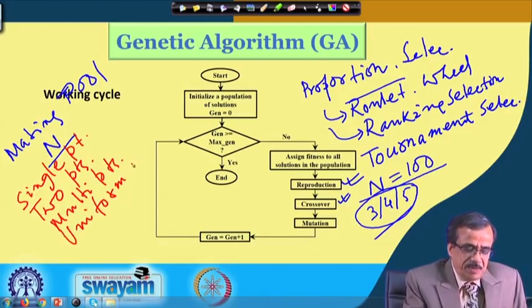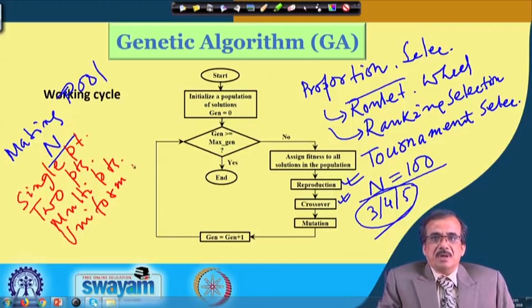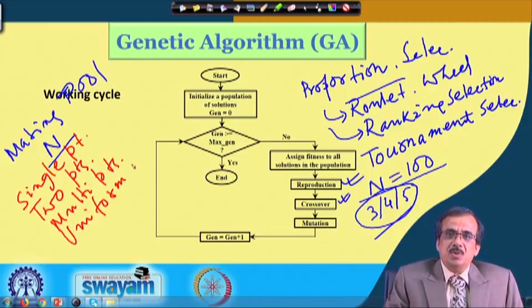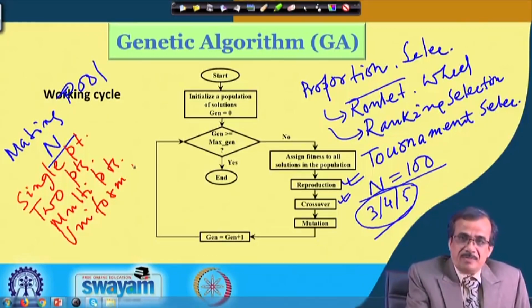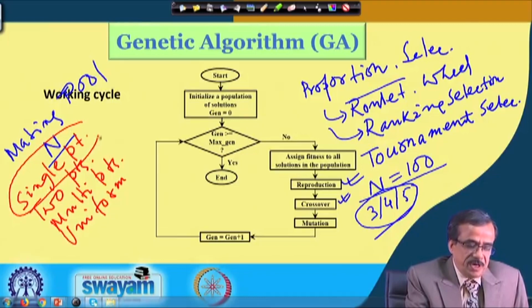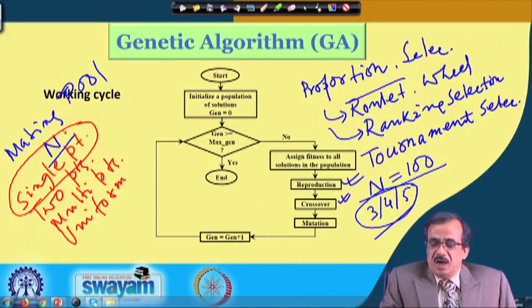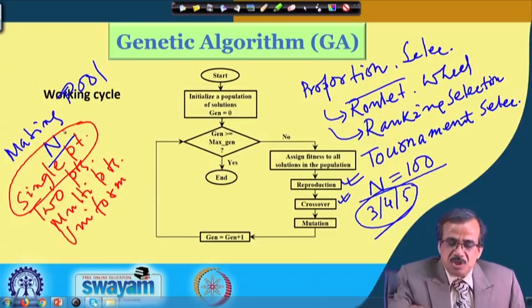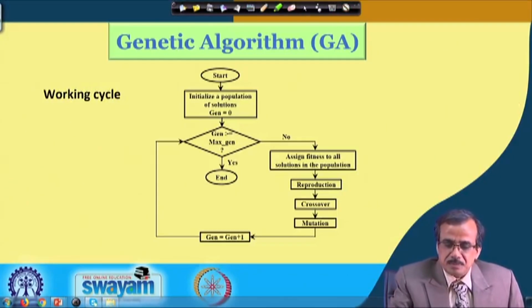As the time is short and this is not a course on optimization, I am just going to discuss the single point crossover, to see how it works. Let me concentrate on this single point crossover only.